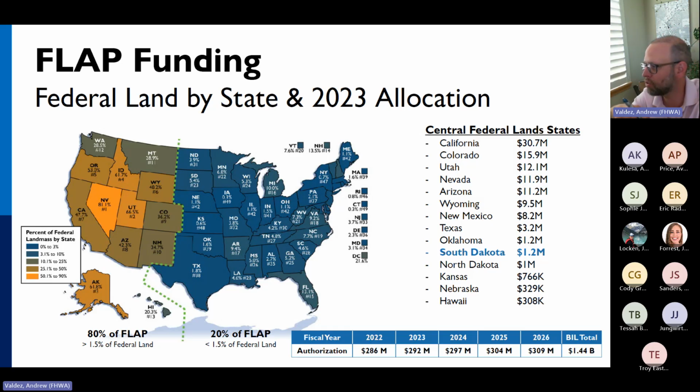South Dakota comes in 23rd with 5.4% of federal land mass, and that gives you an allocation of $1.2 million a year. Frankly, that's not a lot of money in the transportation world, and of course, I wish we had more. But if we're talking projects like unpaved roads, trails, natural surface trailheads, planning projects, or leverage opportunities, that funding starts to go a little bit farther.